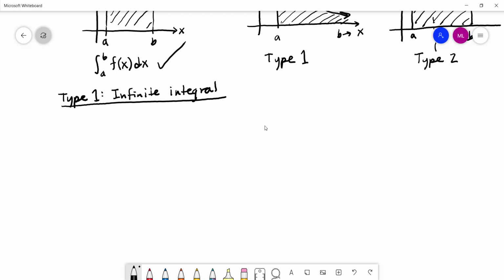Before we actually jump into it, let me give you a scenario that'll give us some intuition for how this might behave. So let's consider a function like this, y equals 1 over x squared. That's going to be our f of x.